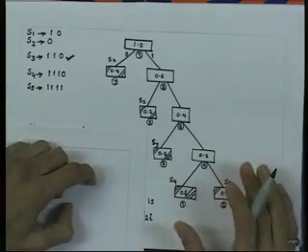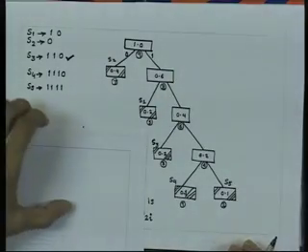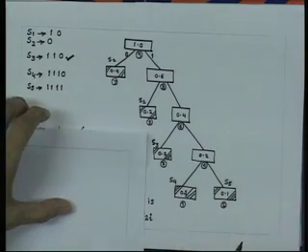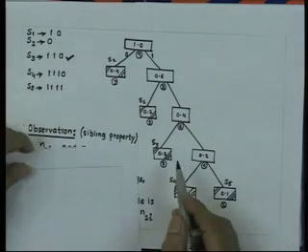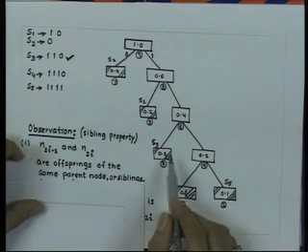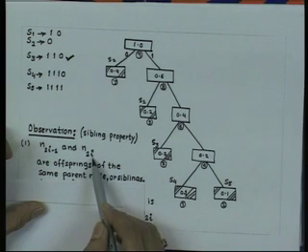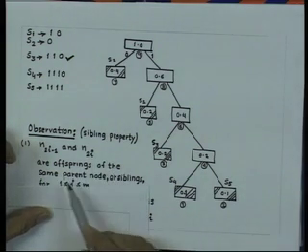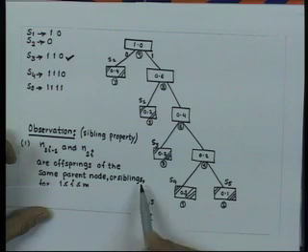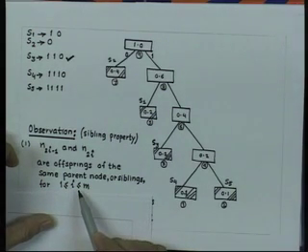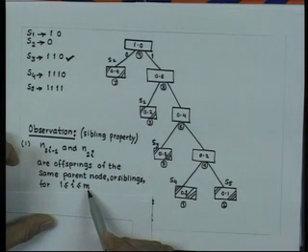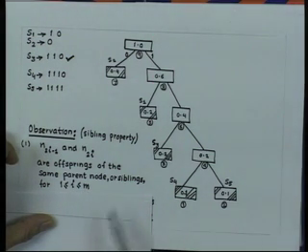Now, if you look at this tree, two characteristics can be observed. One is that the node numbers n 2i minus 1 and n 2i are offsprings of the same parent node, or siblings, for 1 less than or equal to i less than or equal to m. In our case, m is equal to 5. So, for i lying between 1 and 5, this property is satisfied.